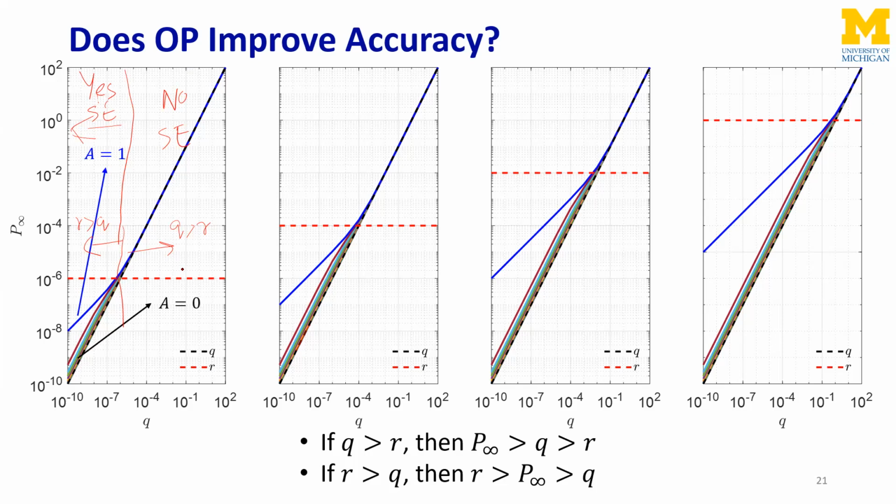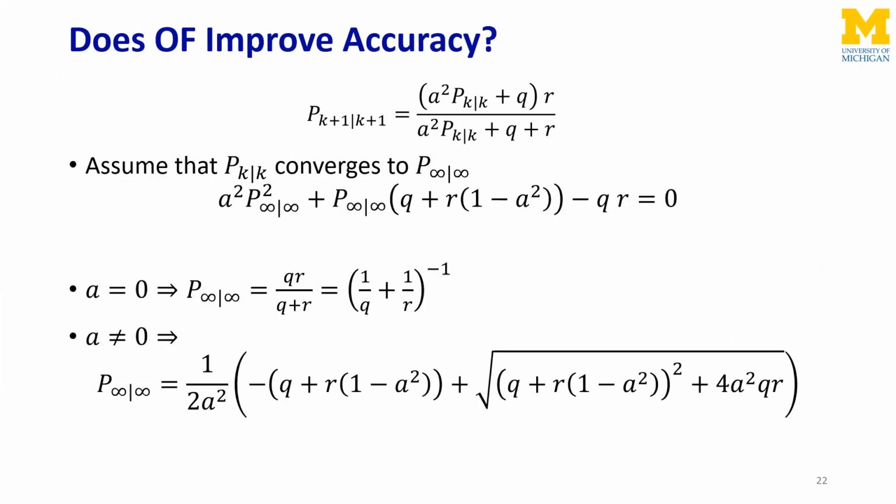And in the other case, where the process noise is greater than the measurement noise, your state estimator actually produces worse state estimates. So in that case, you're better off without using the state estimator and just completely relying on the measurements. So something surprising happens in the case of a filter.